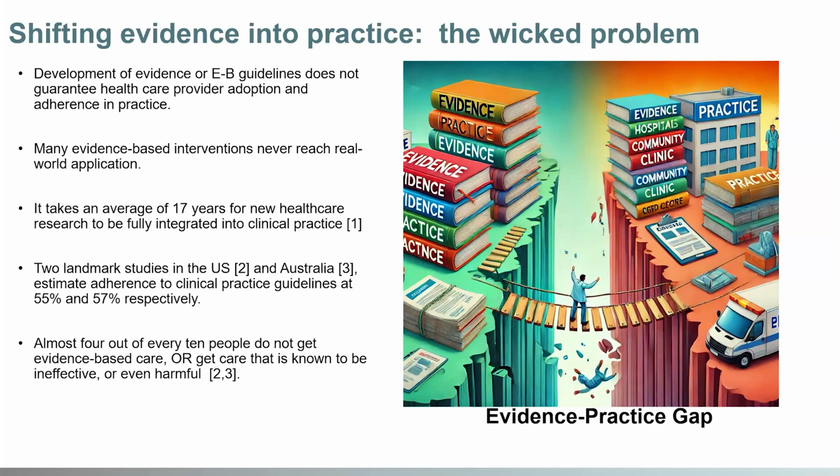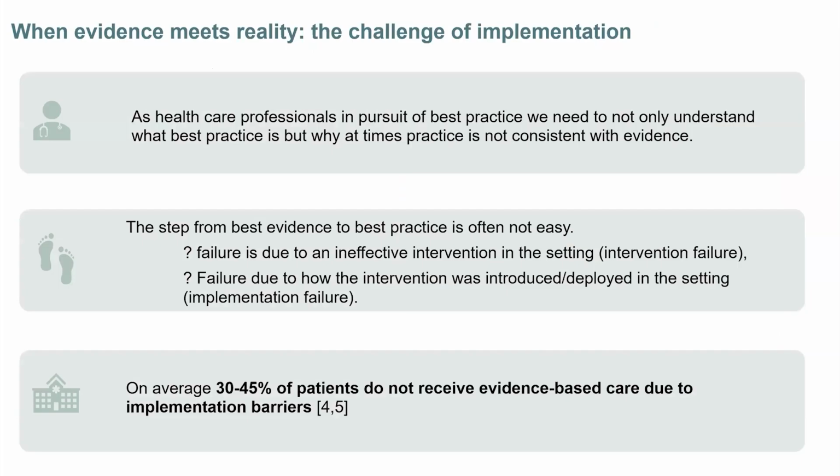And so I suppose this is really around developing an argument for why we need to be better at shifting evidence into practice, and what we can do to try and negotiate some of the challenges that we face. So when evidence meets the real world, in a sense, we have this real challenge in implementation.